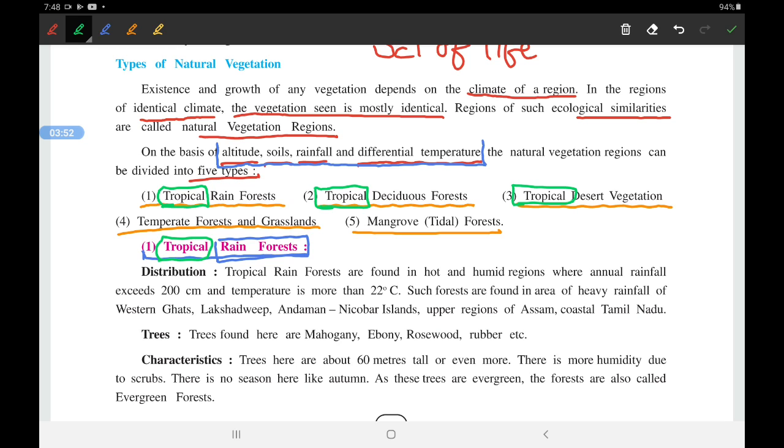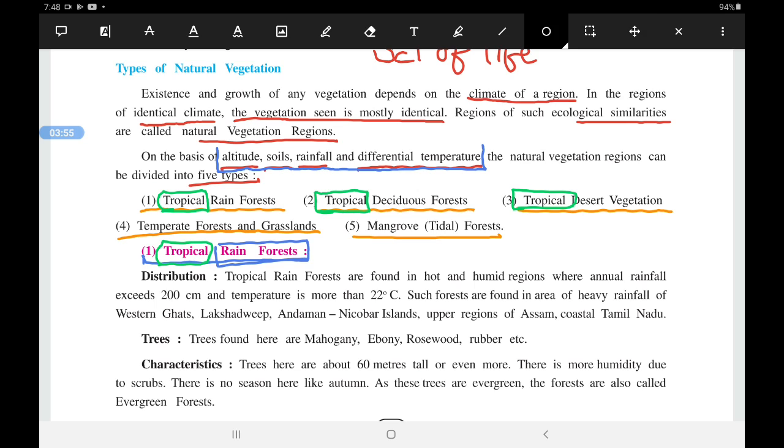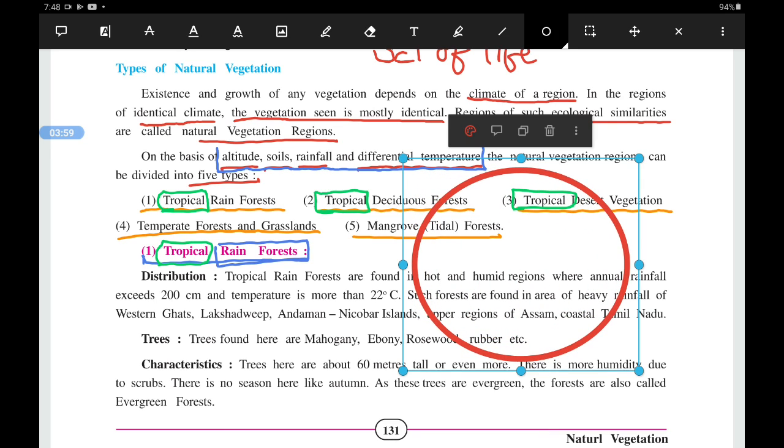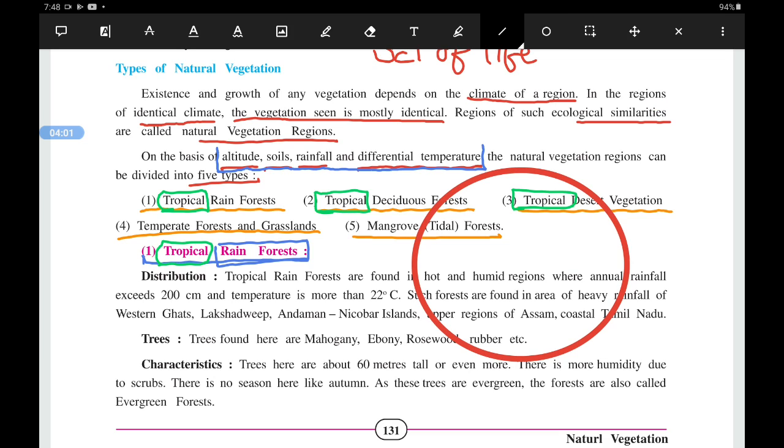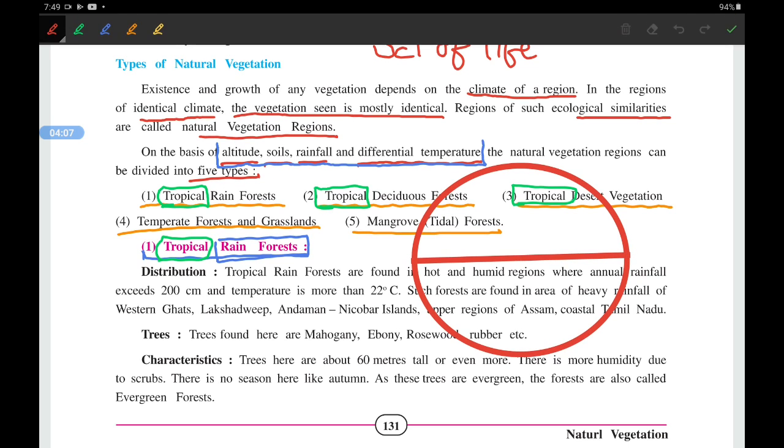Suppose, let me draw, just imagine this is your earth, and this is your equator. In this earth, the equator is 0 degree, we know about this.